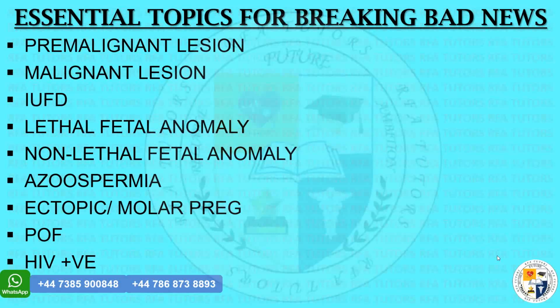Male subfertility with a report showing azoospermia. Early pregnancy, breaking bad news like ectopic pregnancy, molar pregnancy. That was just a recent exam station. Premature ovarian failure is also an exam tested station for the EFOG. And breaking bad news where, in a booking investigation, the patient turns out to be HIV positive.